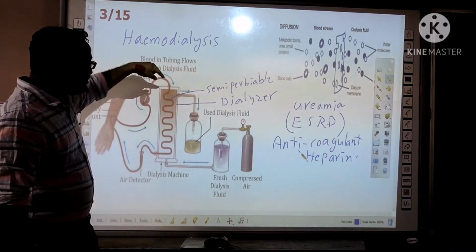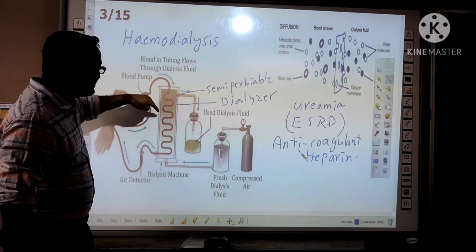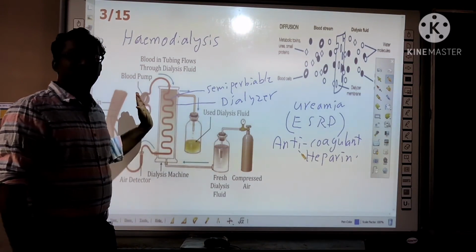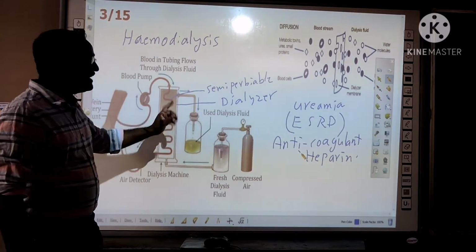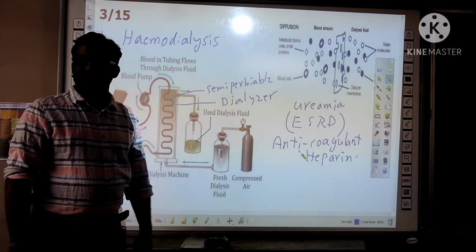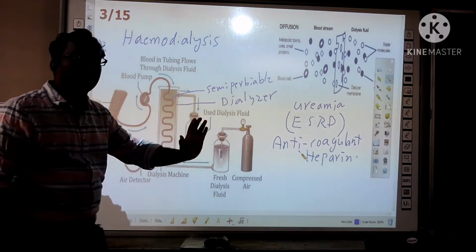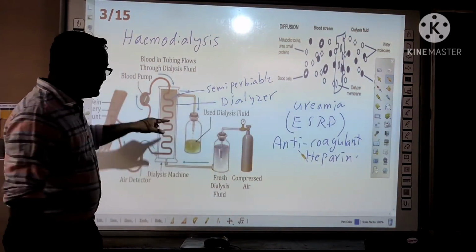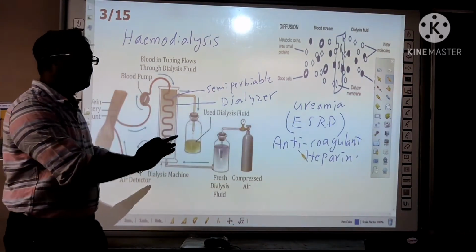Now what happens when the blood is flowing through the tubes? The nitrogenous waste is separated. Here the dialysis fluid is equal to the plasma of the blood. The difference is that the dialysis fluid does not have the nitrogenous waste. The blood has the nitrogenous waste. So there is a difference in the concentration.